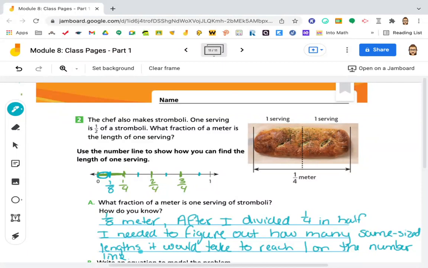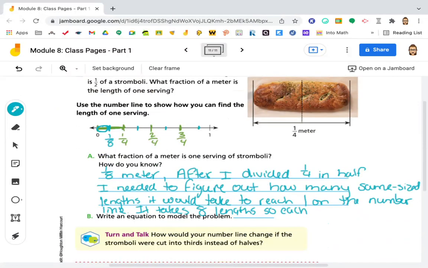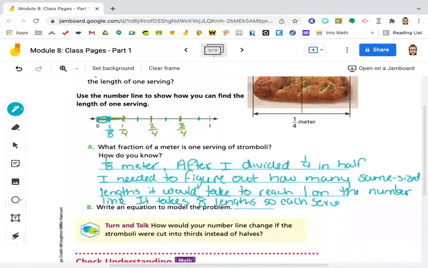It takes 8 lengths. So each serving is 1/8 meter. So this is write an equation to model the problem. So we're taking 1/2 of the 1/4, and that equaled 1/8.